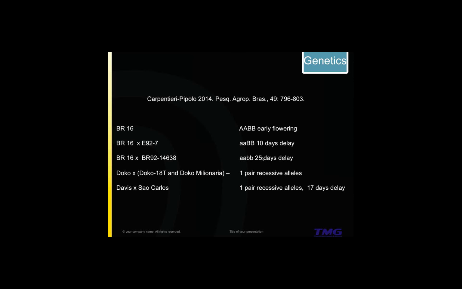That's what we did with the TMG 1180 line: small-effect genes that we were able to put together to get a decent flowering delay in central Brazil. So I think you can go either way.